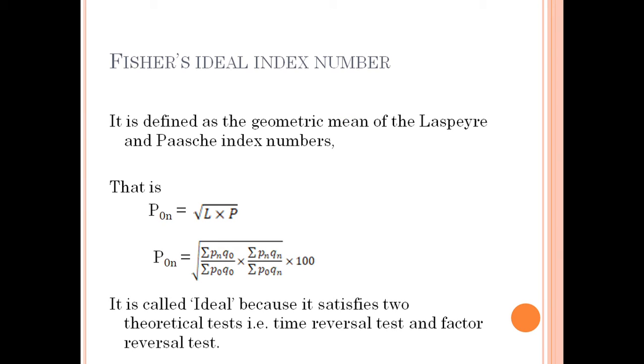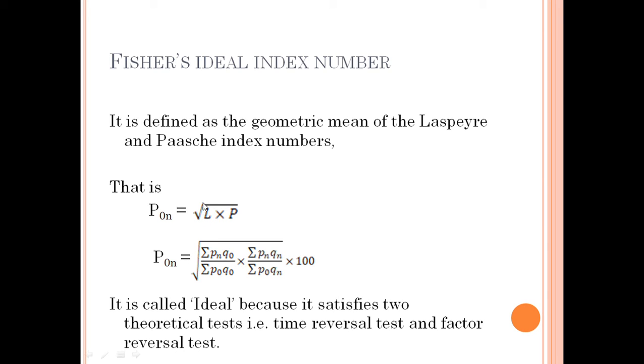And the third one is Fisher's ideal index number. It is defined as the geometric mean of Laspeyres's and Paasche's index numbers. We discussed geometric mean in our second chapter. What was the definition of geometric mean? It is the nth positive root of n items. Here the items are just two, first Laspeyres and then Paasche's.